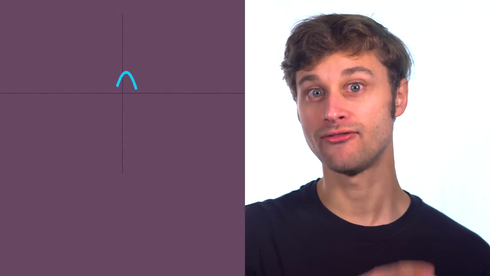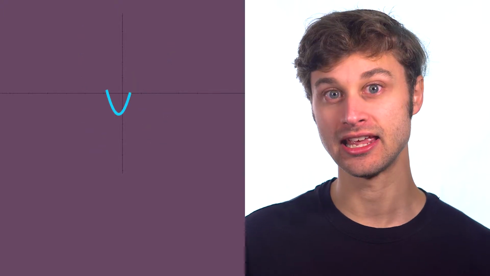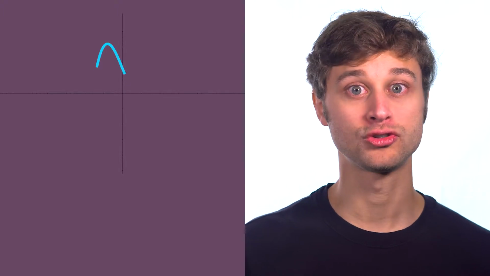The pattern is that for even polynomials, the function approaches the same value of infinity at either end of the x spectrum. For odd polynomials, the graph goes from one corner to the opposite corner as x approaches either side of the infinity spectrum.